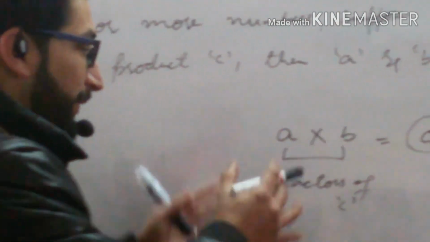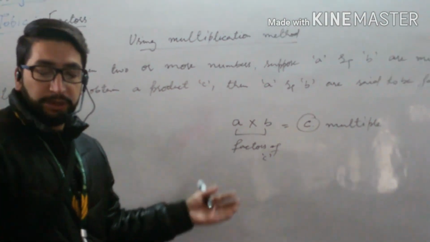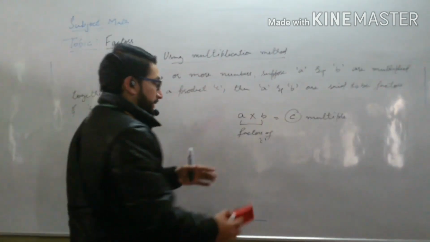It can be understood with the help of numbers. So I am going to put numbers instead of A, B and C.